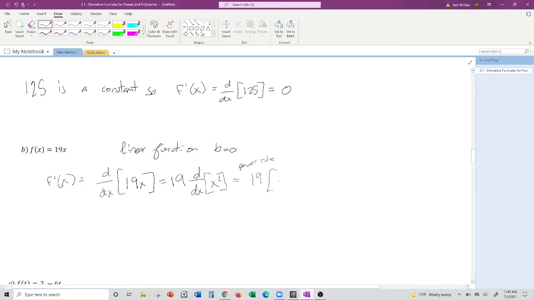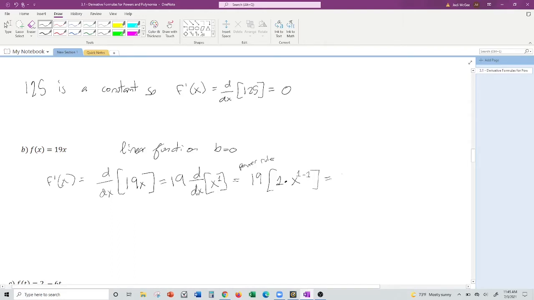I'm going to keep our other work here in a bracket. So we'd bring down our exponent, multiply it by x, and then we raise the x to the 1 minus 1. Okay?